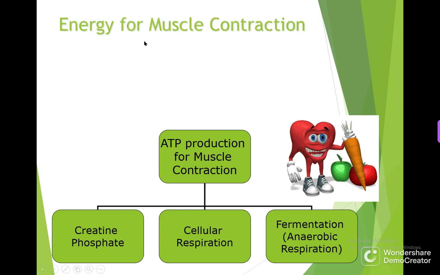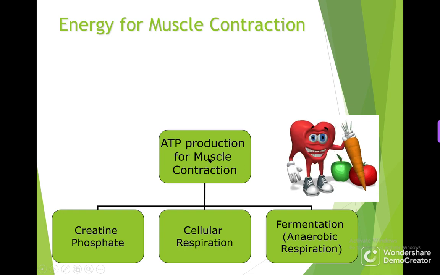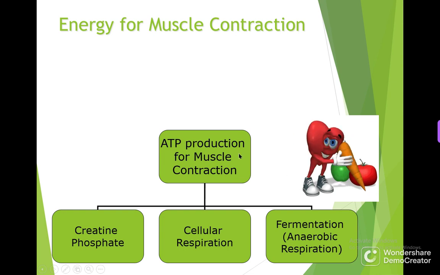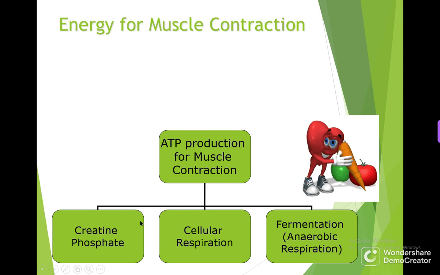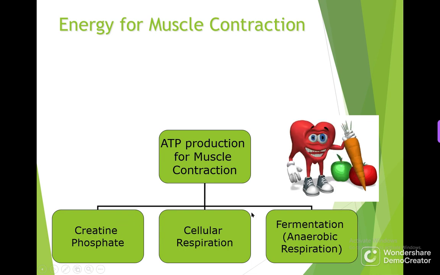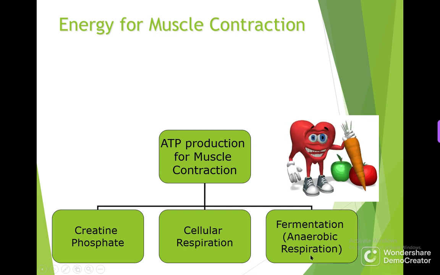Now, ATP production for the muscle contraction is definitely needed, by the citric acid cycle or glycolytic cycle, whatever you call them, and ATP is produced. Now, creatine phosphate, cellular respiration and fermentation. There is anaerobic respiration. It can be done.